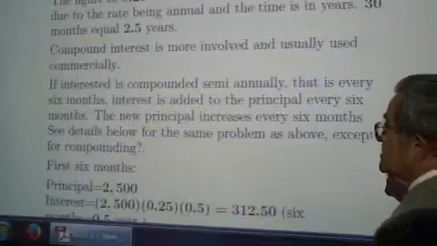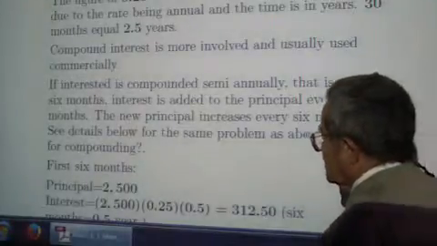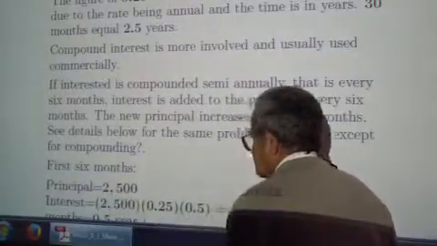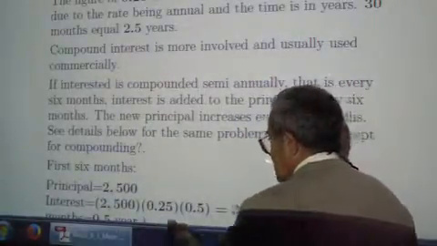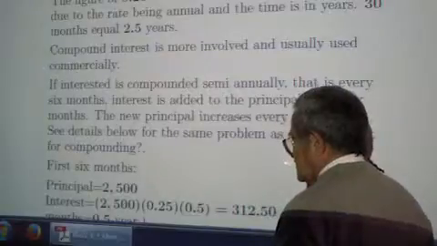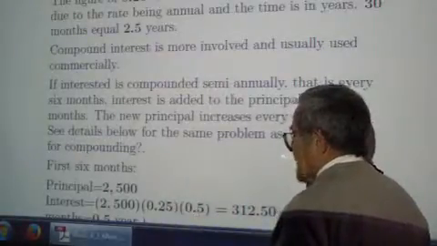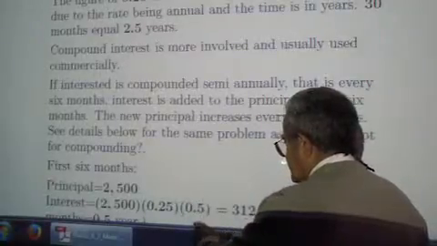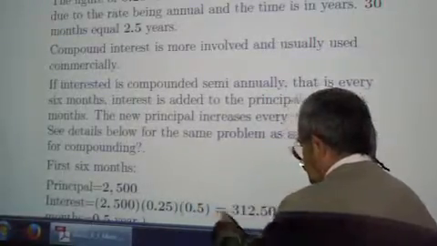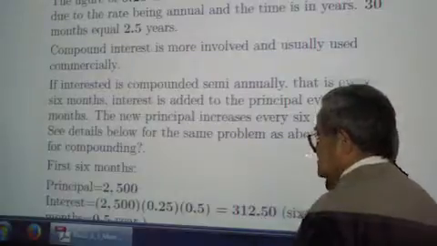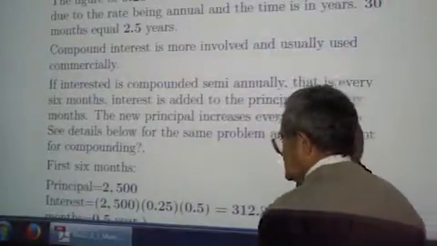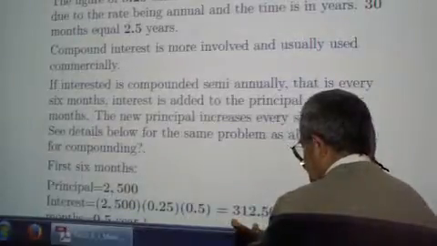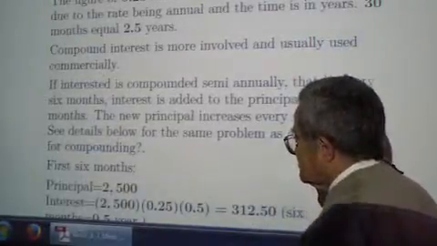And I'll give you an example. We compound every 6 months. The original money that you borrow is $2,500, and we are back at 25%. Semi-annually, that means every 6 months, that means every half year, 1/2 is 0.5, the interest is computed. So for the first 6 months, it's principal times interest times time, which is $312.50.